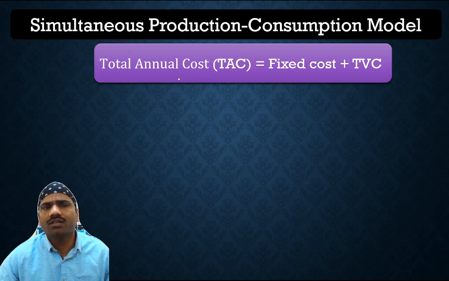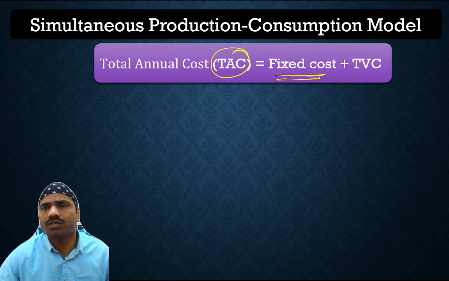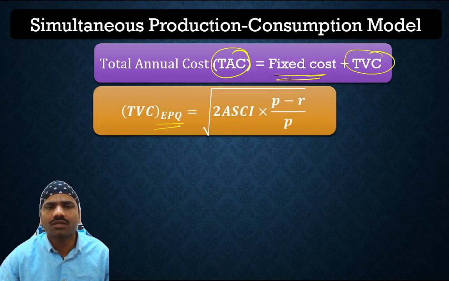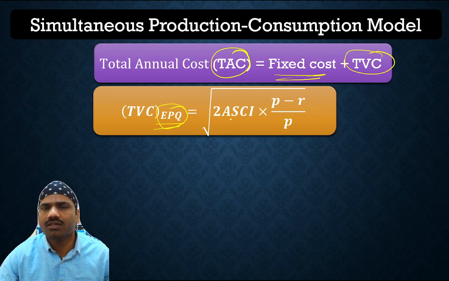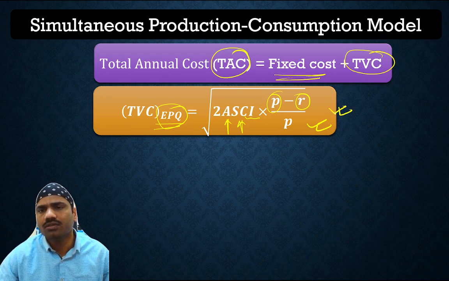We can find some other parameters also in the same way, like in the earlier model. We can find the total annual cost, which is the fixed cost plus the total variable cost. The total variable cost at economic production quantity we can find by this particular expression, in terms of annual demand, setup cost, inventory carrying cost, production rate, consumption rate, and so on. Using this formula we can find the total variable cost, and in terms of it we can also find the total annual cost.